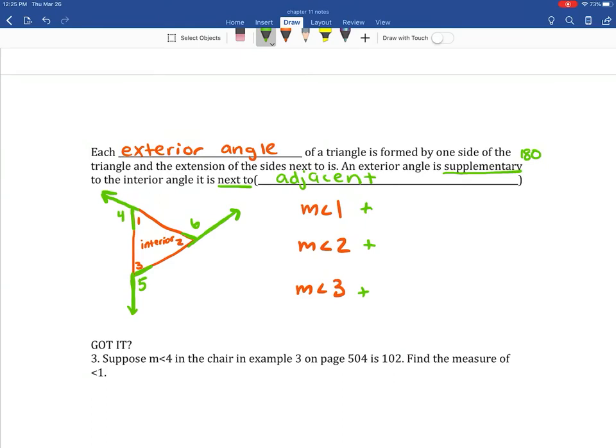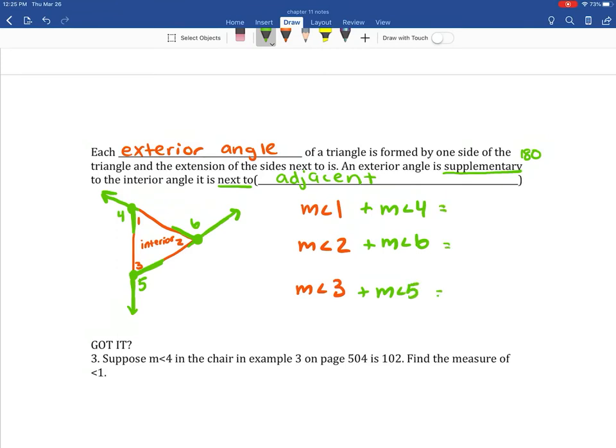So the one that's next to angle 1 is angle 4 because it shares the vertex and this side. The one that's next to angle 2 shares a vertex and a side would be angle 6. And the one that's next to angle 3 shares a vertex and a side would be angle 5.